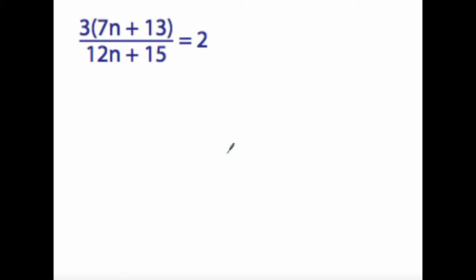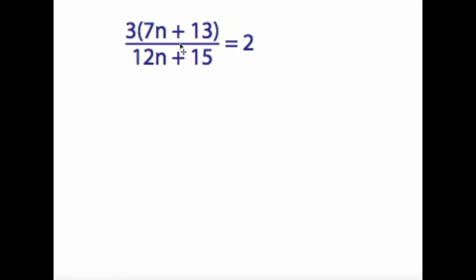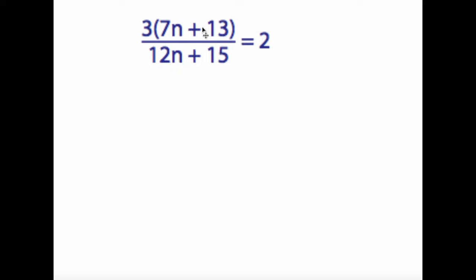Okay, and the last question, slightly more complicated, but it is just testing whether you understand fractions. So what I have here is an equation where I don't like that I have the n's on the top and on the bottom. So what we're going to do is stick to our logical approach: whatever we did on the left, we do on the right.